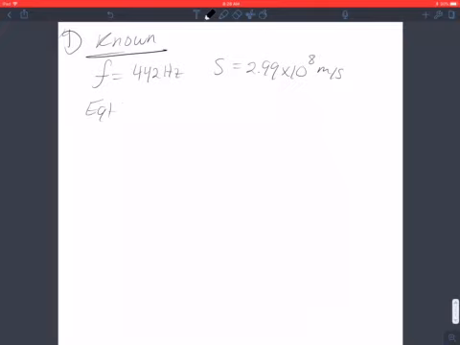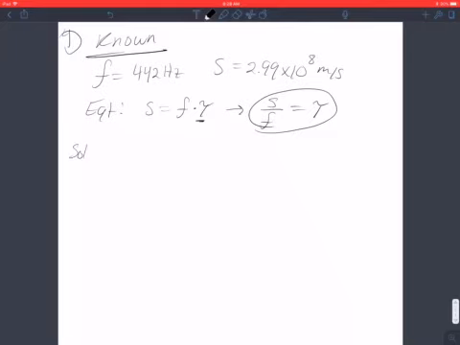We have our equation, which was, again, speed equals frequency times wavelength. But this time we need to move it over so that we are solving for wavelength, which means that we'll have our speed divided by our frequency. That will be our wavelength. So this is the equation we'll be using.